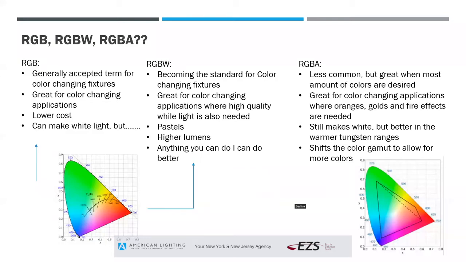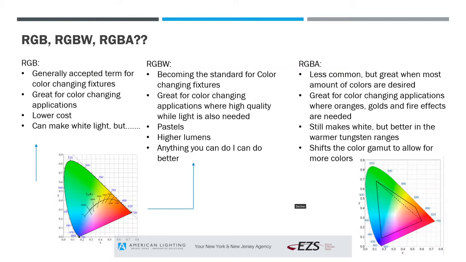Let's say you have a historical courthouse or a historical library in your downtown area, and they want to swap out the existing metal halide or high pressure sodium, whatever they're used to, for a color changing fixture. But they want to maintain the theme and look of that historic building, where they use white light 90% of the time.